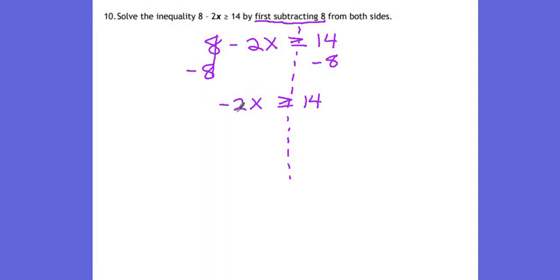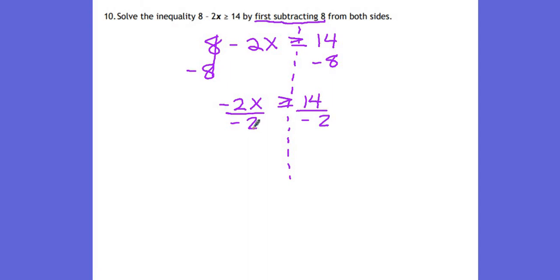Then to continue solving this, I would have to divide, and who's getting kicked out? The 2. Does X want the negative attitude to stay in the house? He wants it to leave as well. So the negative attitude and 2 are leaving. A buzzer should be going off in your head, since I'm solving inequalities and I said divide by a negative.